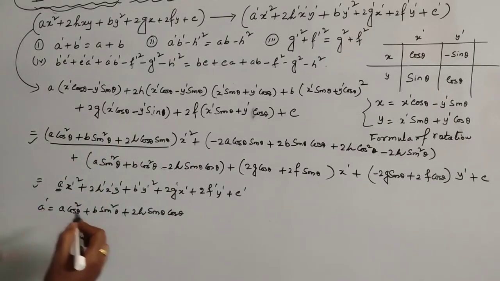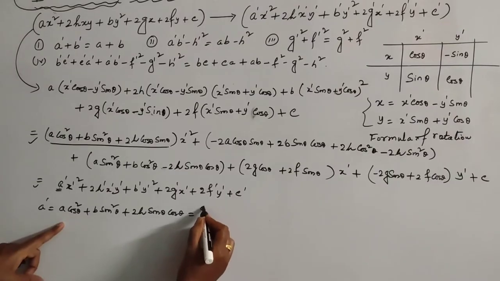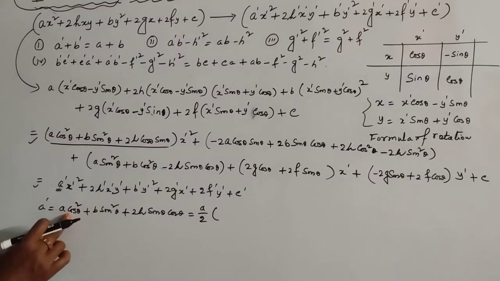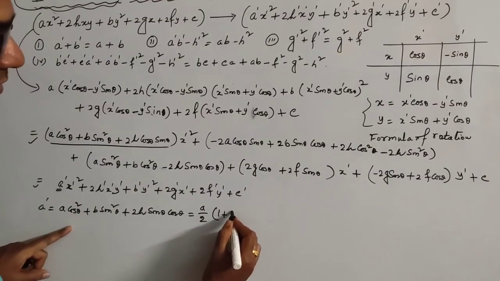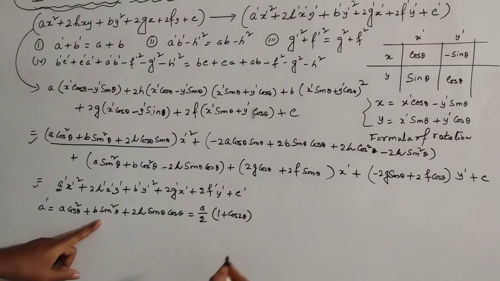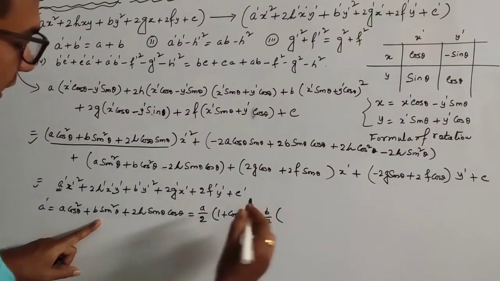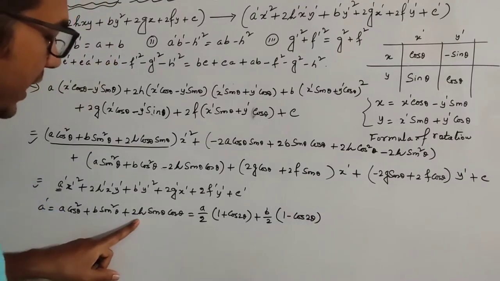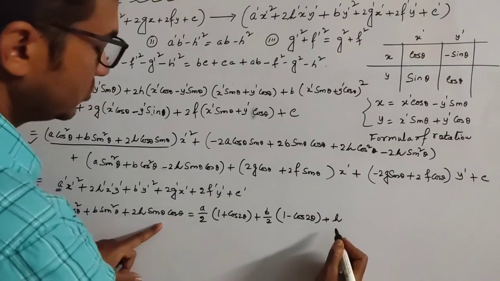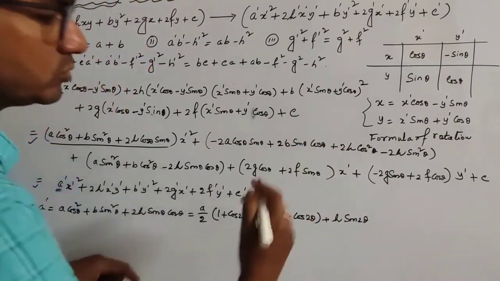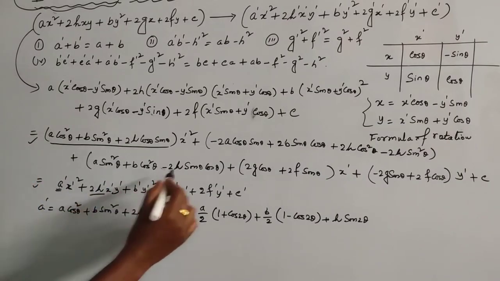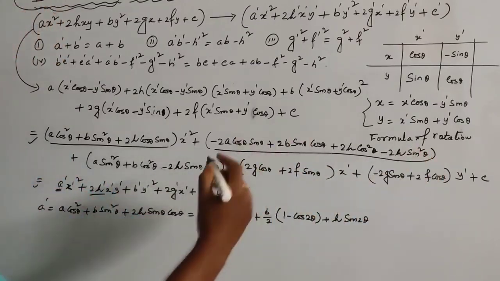We write this expression as a by 2, then we multiply 2, then we get 2 cos square theta. The formula of 2 cos square theta means 1 plus cos 2 theta. Then we get b by 2, that is 2 sin square theta, so this is 1 minus cos 2 theta, and this is h into sin 2 theta.